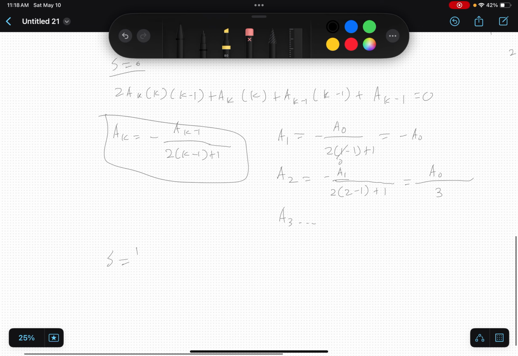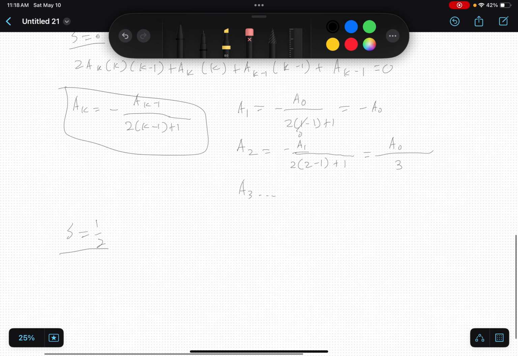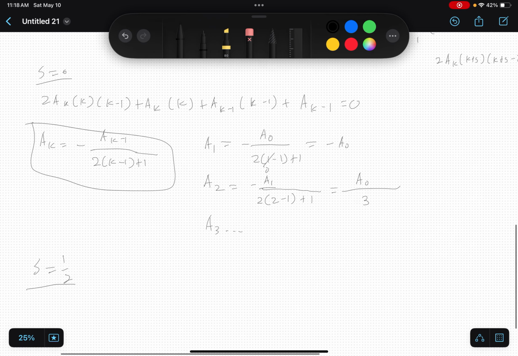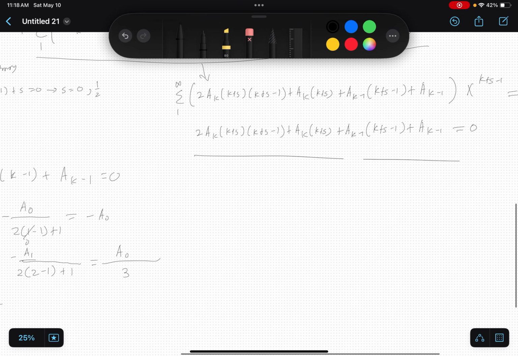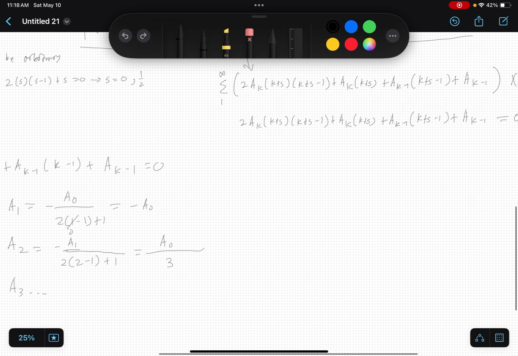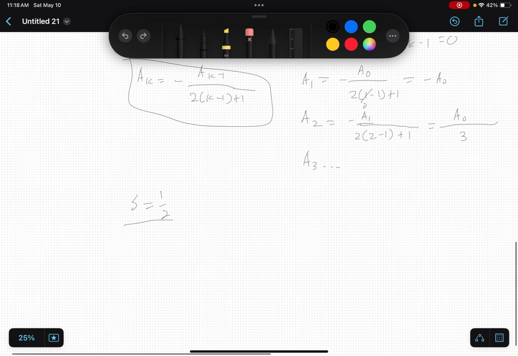The s equals 1/2 case is exactly the same process. We write out this equation and we plug in s equals 1/2.